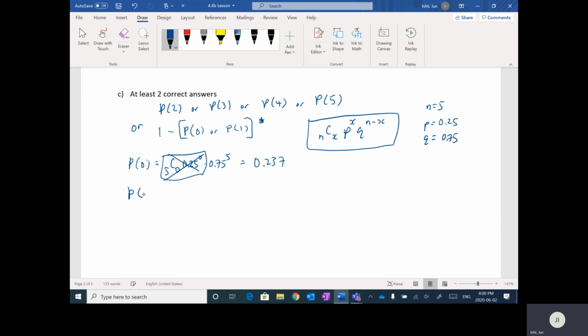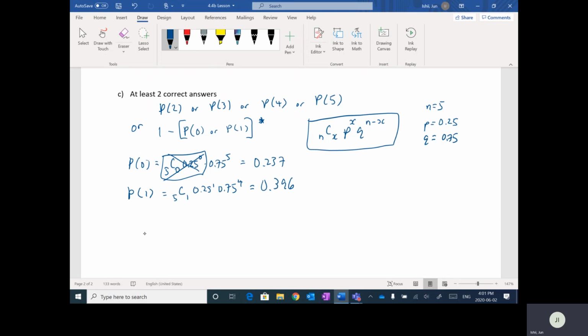I'm going to do the same for the probability of getting just 1 right. That would be 5 choose 1, times 0.25 to the 1st power, times 0.75 to the 4th power. I'll punch all that in. 0.75 to the 4th is 0.316, and 5 times 0.25 times that gives 0.396.